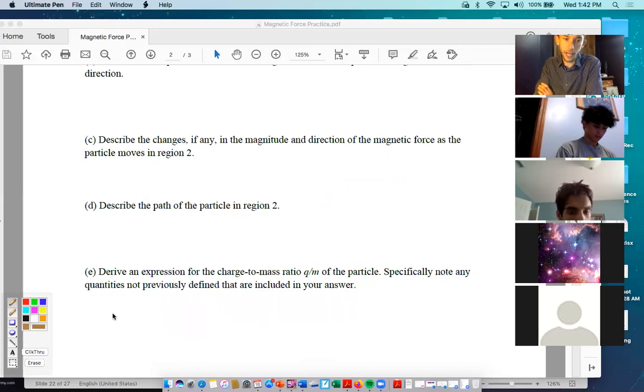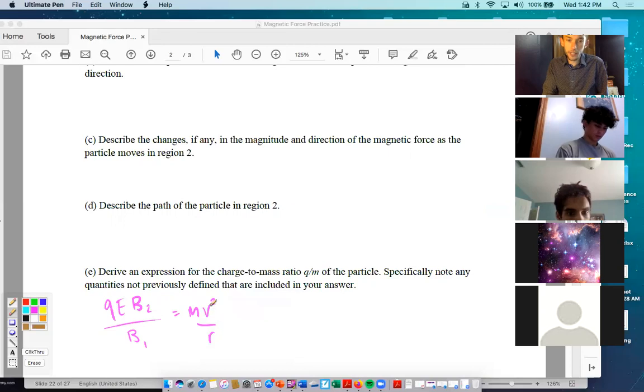I now know that the magnetic force, which I derived in part B as qEB2 over B1, is my centripetal force, which has to equal m times the centripetal acceleration, right? And remember that this velocity was given to me earlier. I proved that, that was the first question right away. That velocity was E over B1.